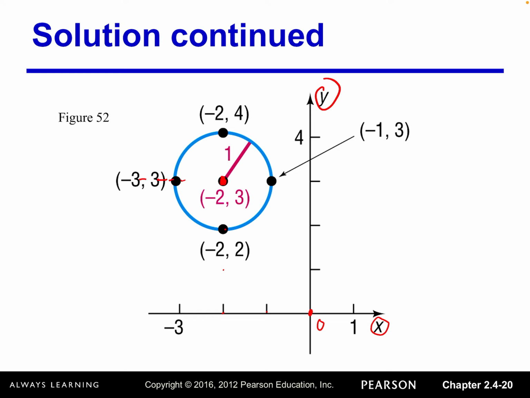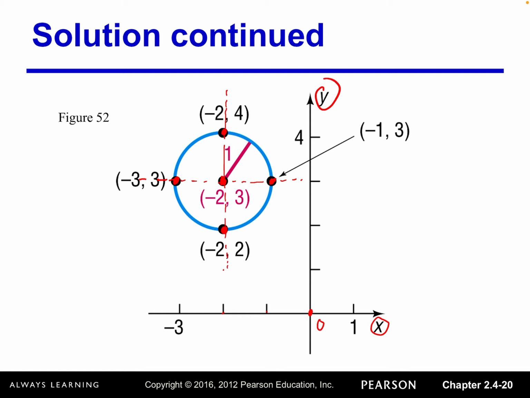And then again, I'm going to suggest you put a horizontal dashed line and a vertical dashed line passing through the center of the circle so that we can find the most left point on the circle, the most right point on the circle, and then the most top and the most bottom on the circle.